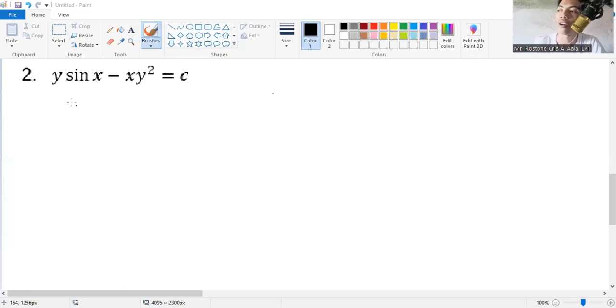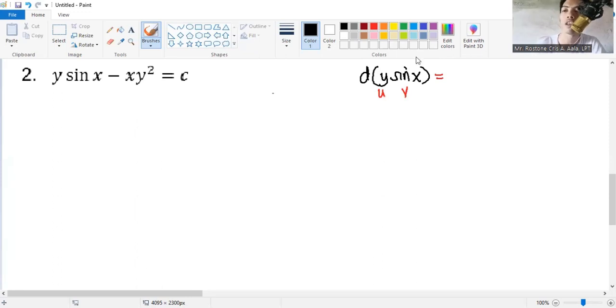Okay. So ngayon, ang gagawin natin, we have the first term, y sine x. So magkaibang function ito. So pwede natin tong gamitan ng product rule. So derivative ng y sine x. So yung ating y ang magiging u at ang sine x ang ating magiging v. So ibig sabihin, that is equal to, ano nga ba ang formula ng product rule?